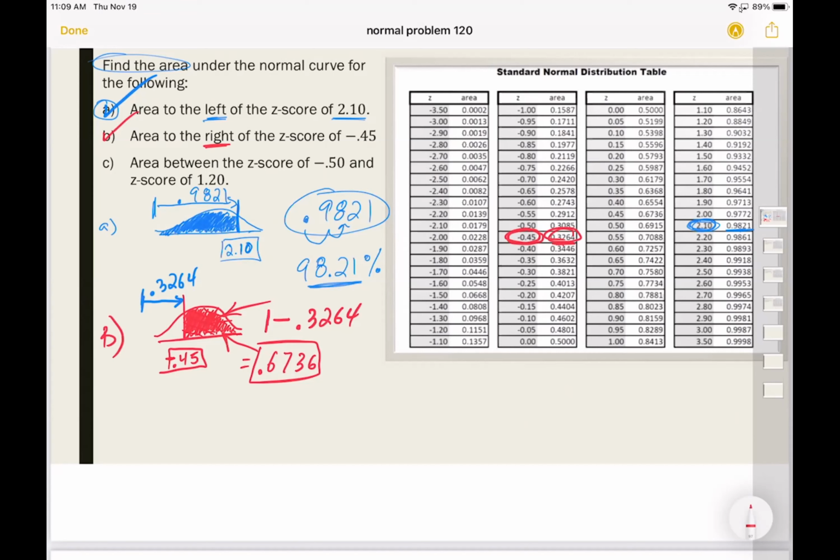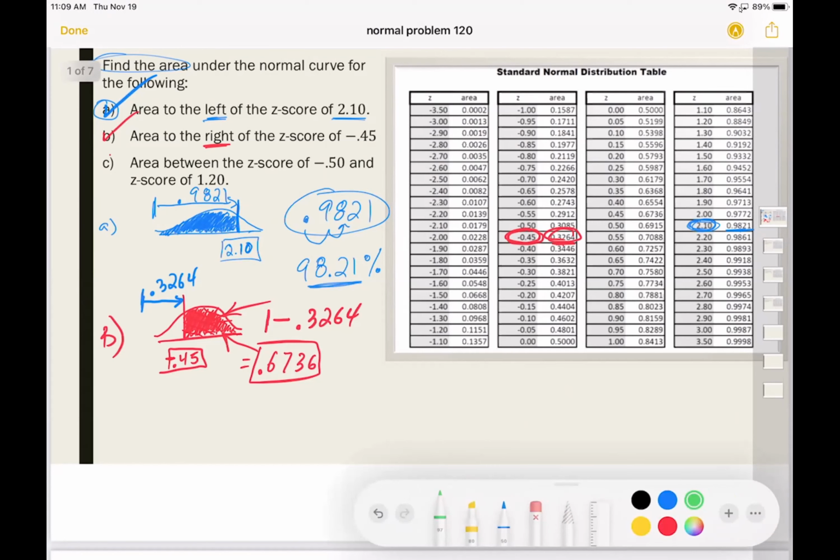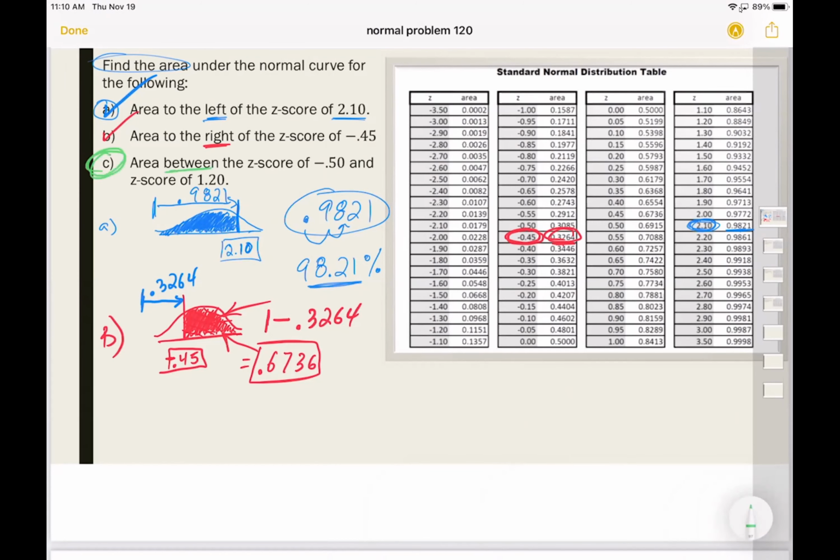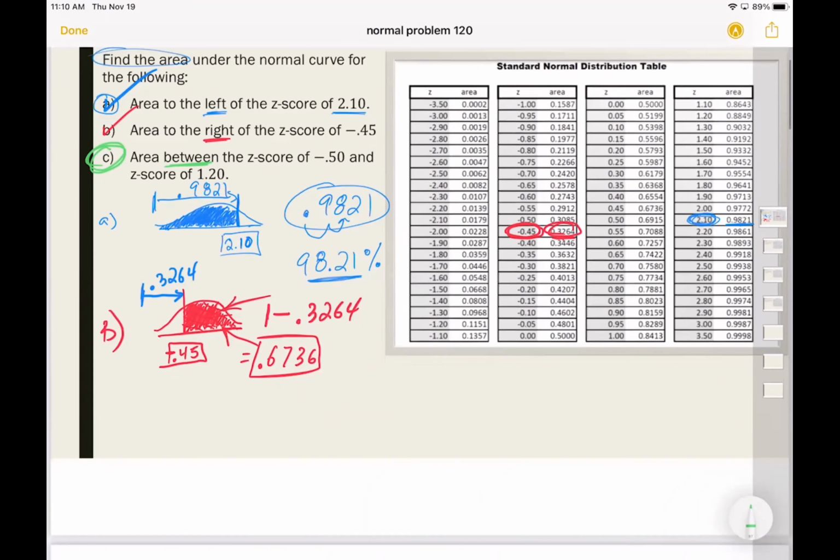So that's the question with the area to the left and the area to the right. Now, the area in between is a little bit different, right? How do we find the area in between? Well, for part C, again, like I mentioned, sketch your item.